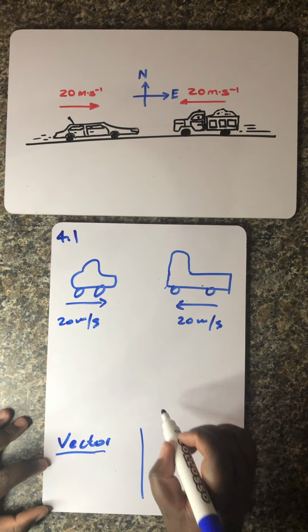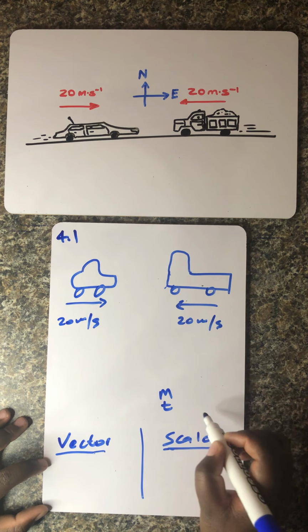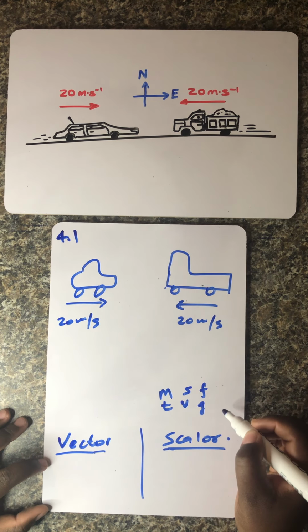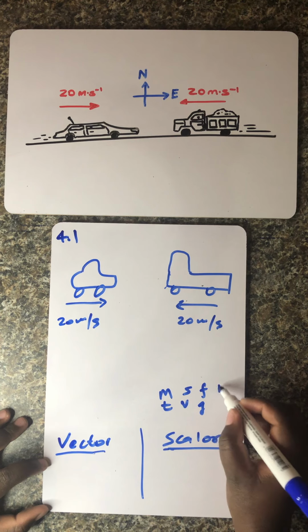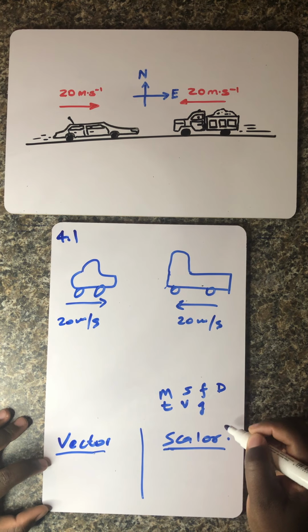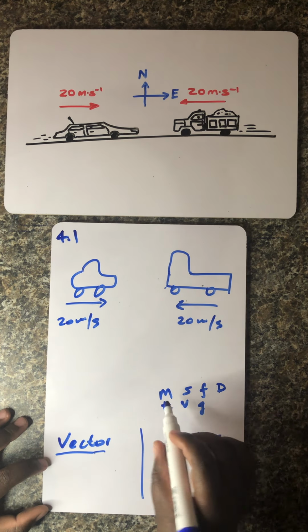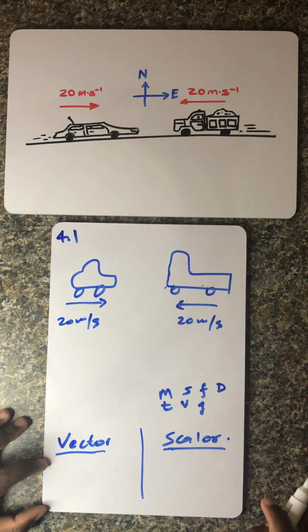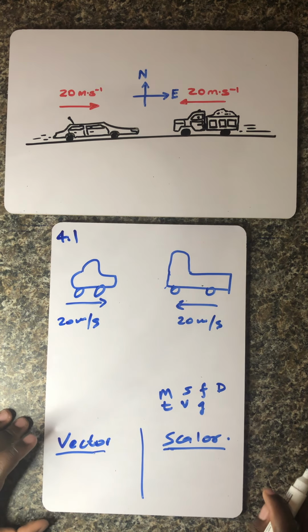So these things, ladies and gentlemen: the mass, the time, the speed, velocity, frequency, gravity, distance, what else? It's a lot of them, these quantities that we use in physical sciences. I'm just trying to think if I missed something, but otherwise I think you know what I'm talking about.